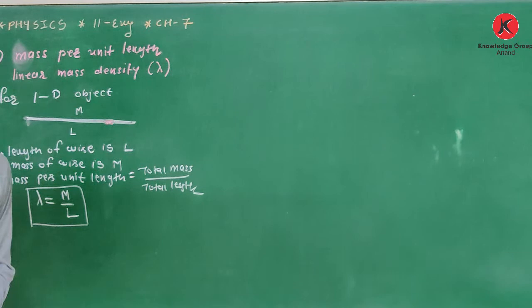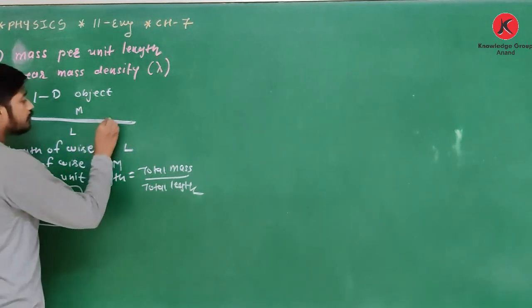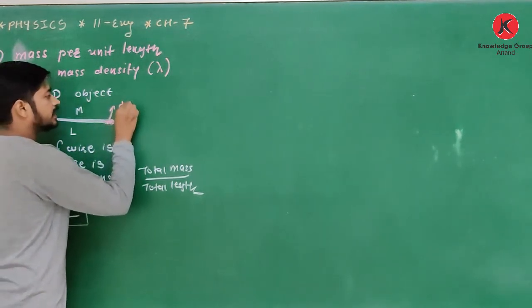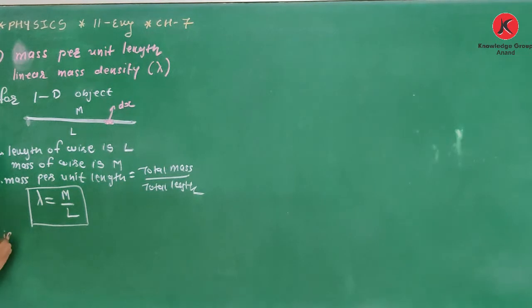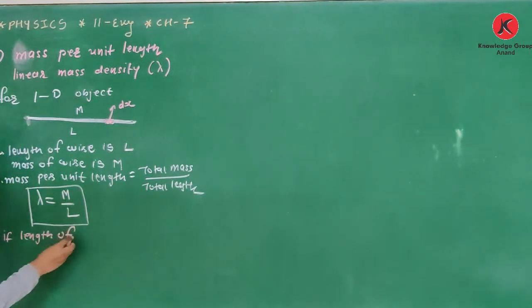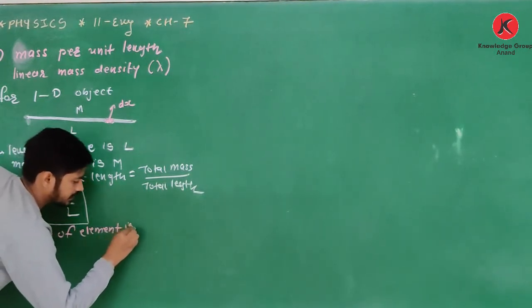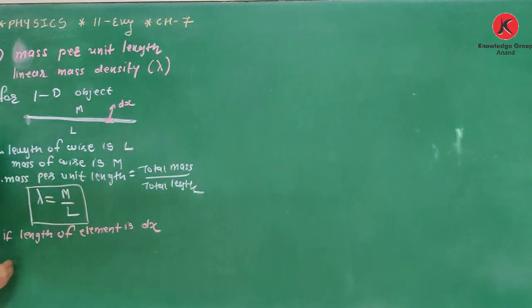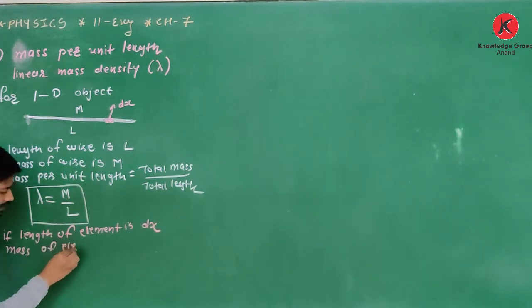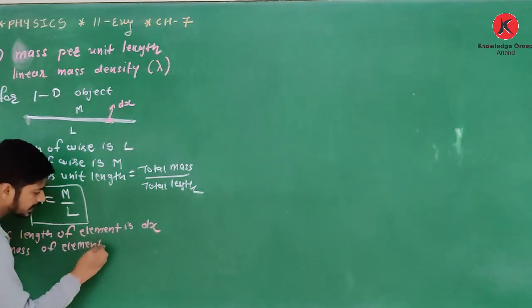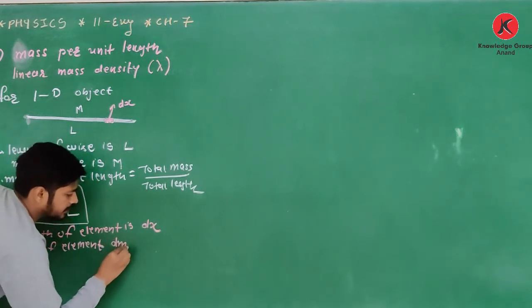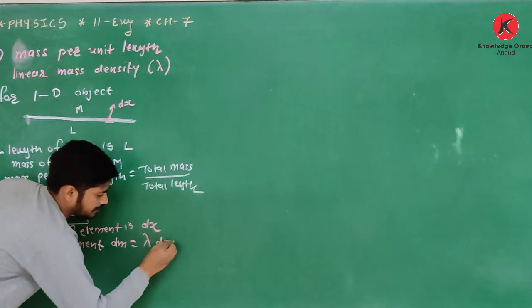How do we find it? If the length of the element is dx, then the mass of the element dm is equal to lambda dx.